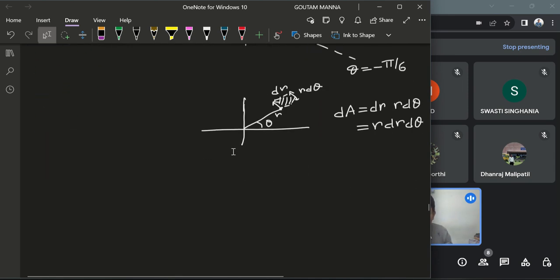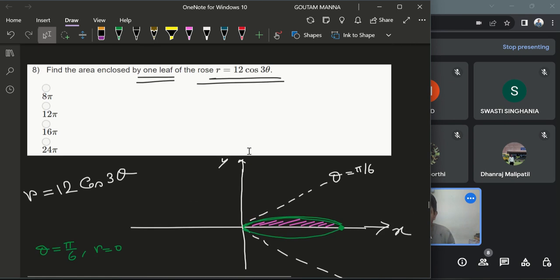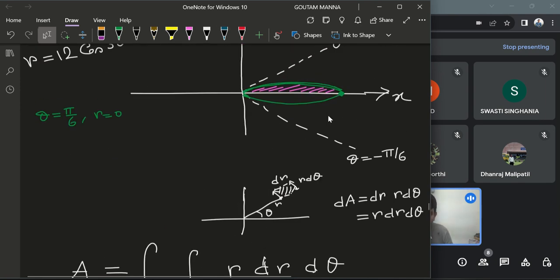So then the total area will be the integration of r dr d theta, while for each value of theta, r will be going from 0 to this line, right?